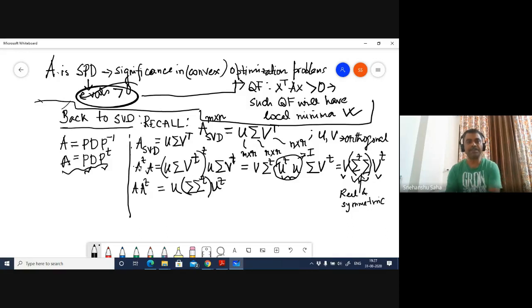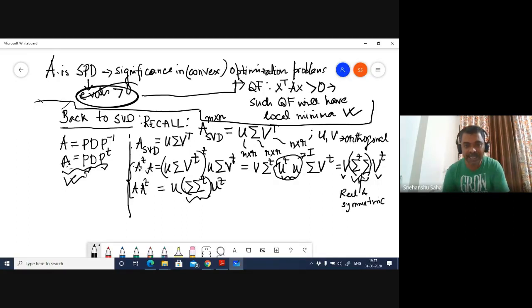Okay, all right. So now if we compare this with these, what I can say is that this diagonal matrix D contains the eigenvalues of A, and this matrix P contains the eigenvectors of A. However, this diagonal matrix contains not the eigenvalues of AA transpose, it contains the singular values of AA transpose.